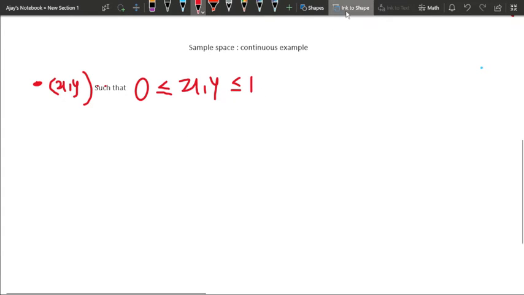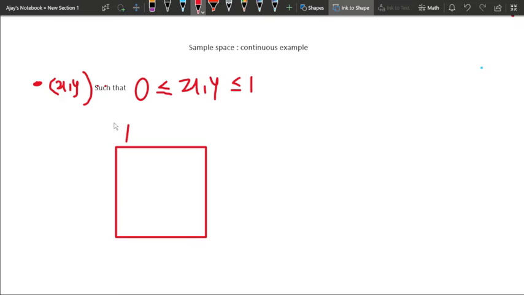So I'm creating a box, and I'm creating a line here and one line here.